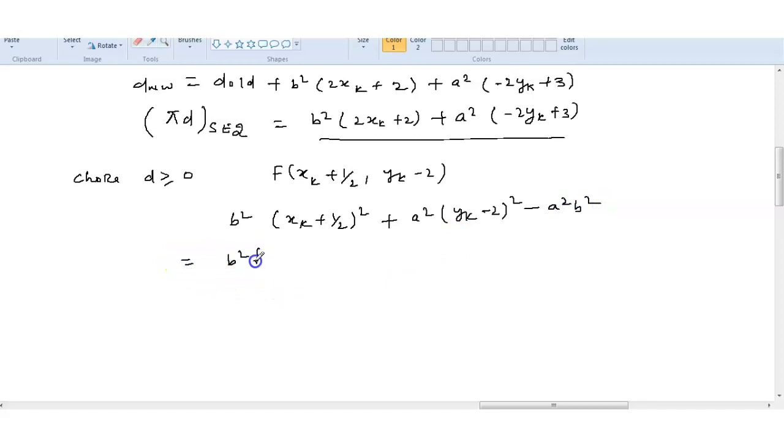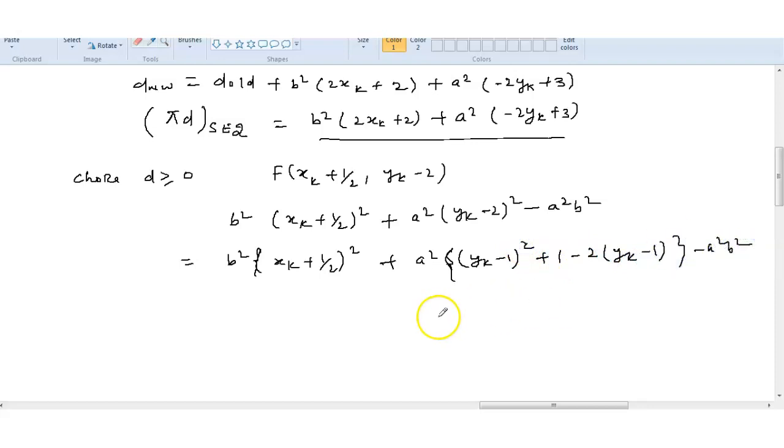So you can write b square, this one I do not have to expand because it is as it is, plus a square, this one I can write as yk minus 1 whole square plus 1 square minus 2 into yk minus 1, minus a square b square.